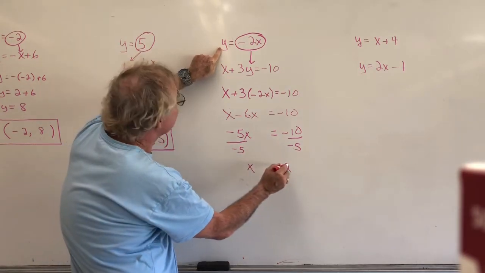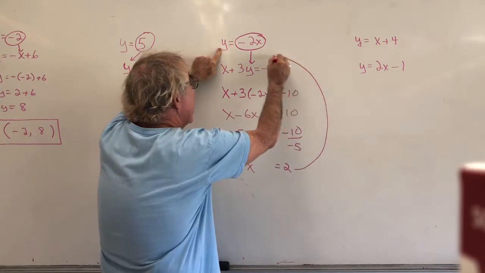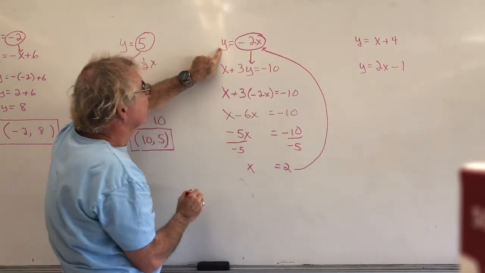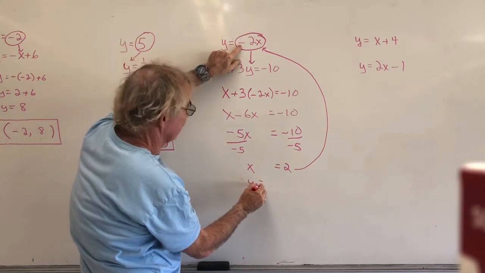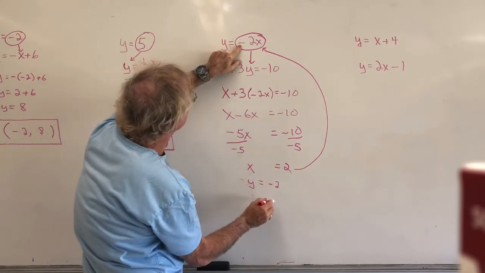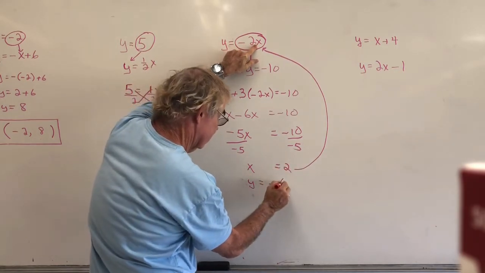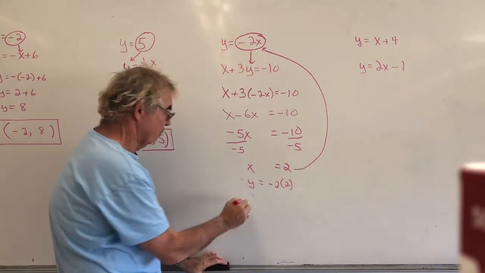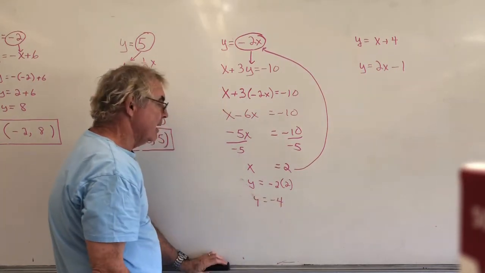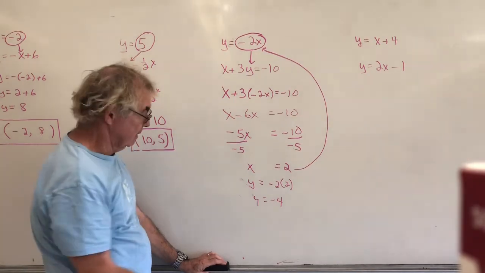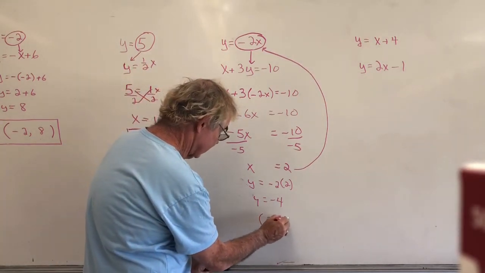So if you were to take this number 2 and go all the way back up into there and say y is negative 2 times your x value, which is 2, you get y to be negative 4. Now we write the answer as an ordered pair. X is first, y is second.